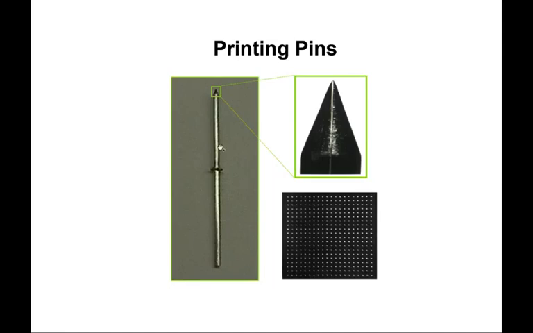So over here you can see this is a printing pin. Actually, it's a stainless material, and on the top of the printing pin, if we zoom in on the tip, there is a very, very thin channel.